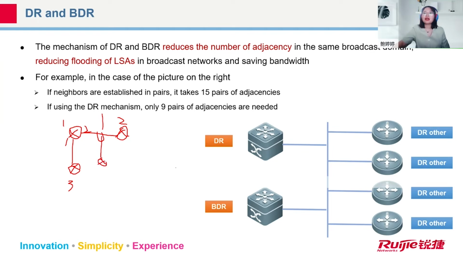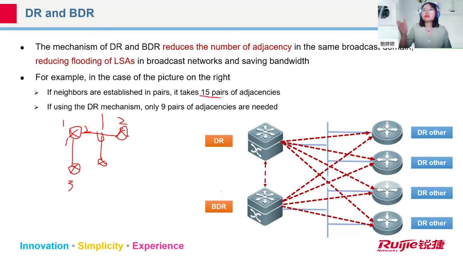If we have lots of routers in one segment, like this topology, 1, 2, 3, 4, 5, 6, and each two routers establish the adjacency relationship, there are at least 15 pairs of adjacency. But maintaining the adjacency relationship also needs resources. So if we select the DR and the BDR, finally we only need to establish the relationship with the DR and BDR. So there are only 9 pairs of adjacency relationships.